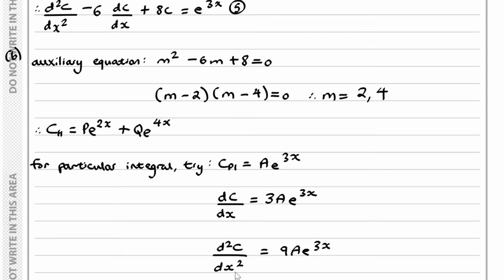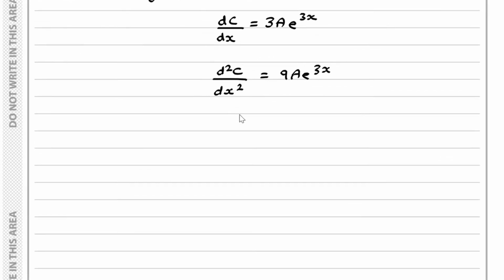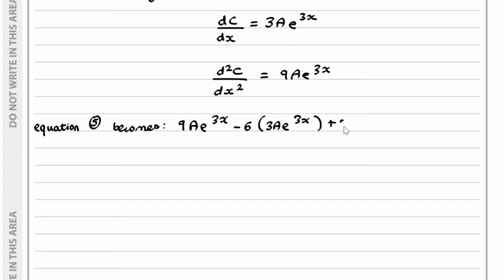And we will substitute these back into our equation 5. So equation 5 then becomes, if we substitute in, we have 9a e to the power of 3x minus 6 lots of 3a e to the power of 3x plus 8 lots of a e to the power of 3x equals e to the power of 3x.